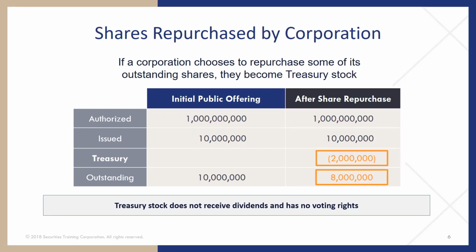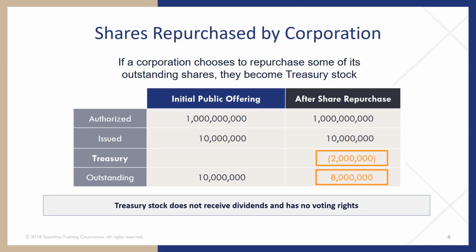One other important point is that many professionals or people in the marketplace use a term called market cap, or market capitalization. And what that refers to is a very simple formula. It's the number of outstanding shares, not issued, not authorized, not treasury, the number of outstanding shares multiplied times the market value per share, which changes on a day-to-day basis.